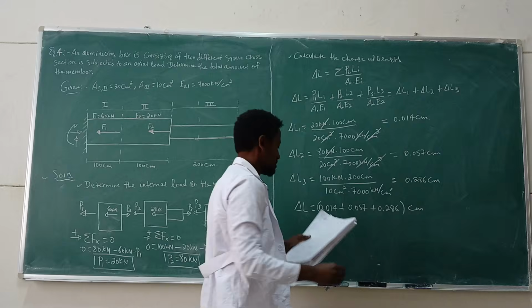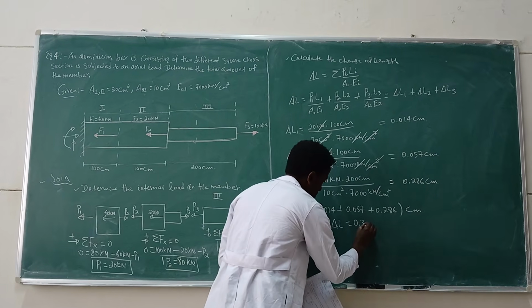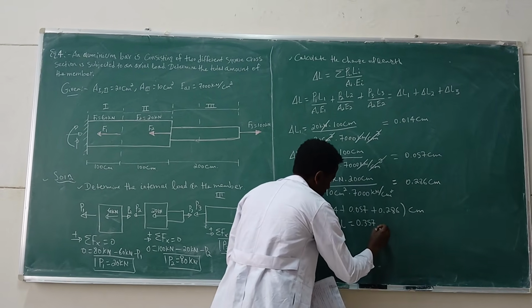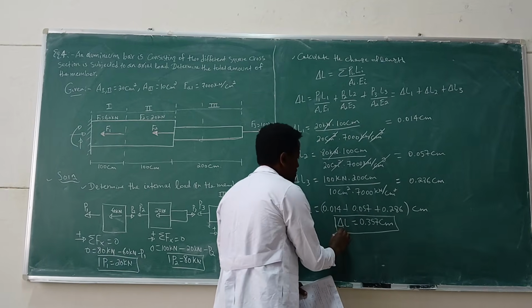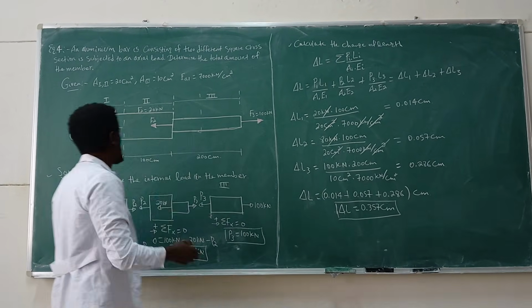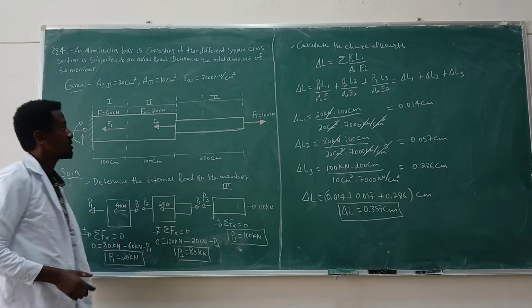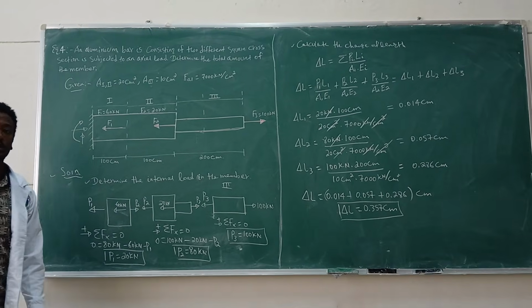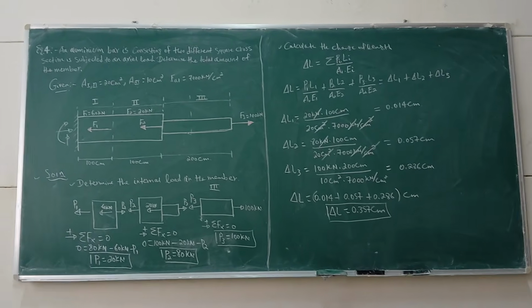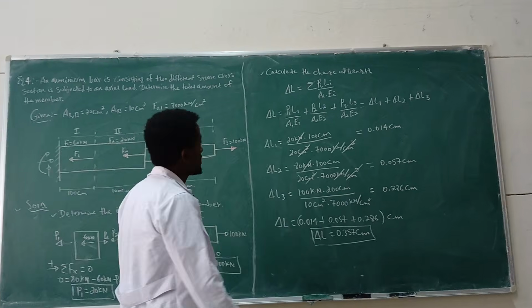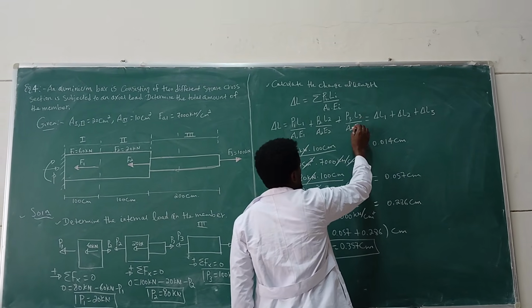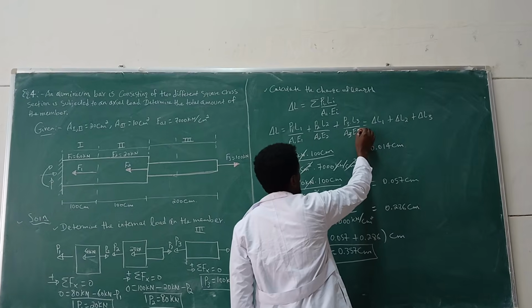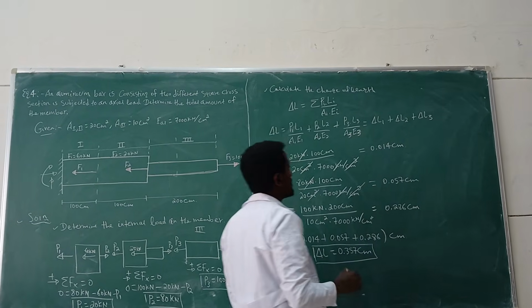Finally, you get 0.357 centimeter. This is the total change of length of the aluminum member. Here P3 times length 3 divided by area 3 times E3.